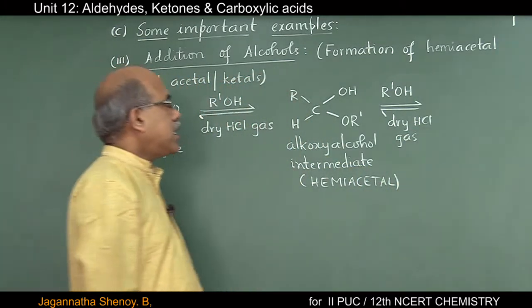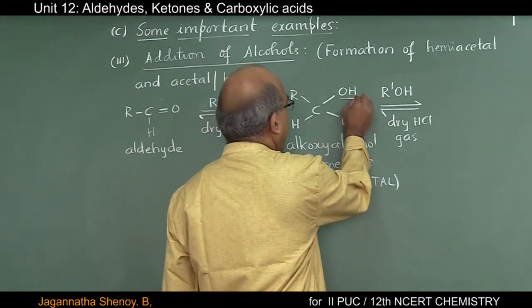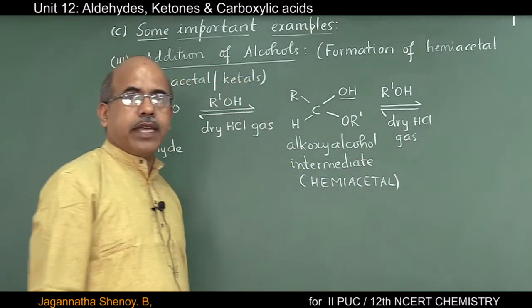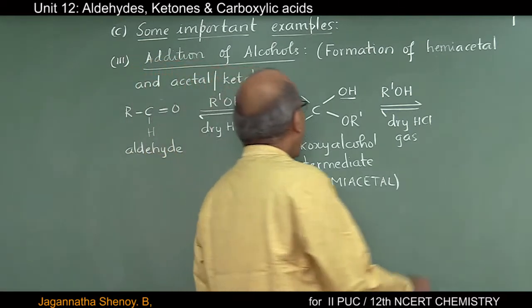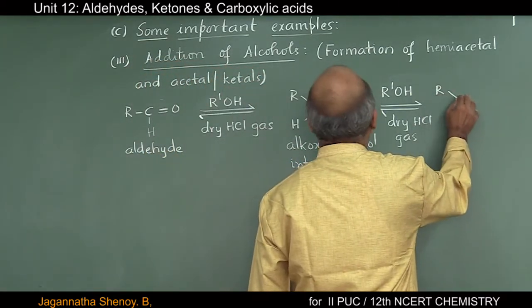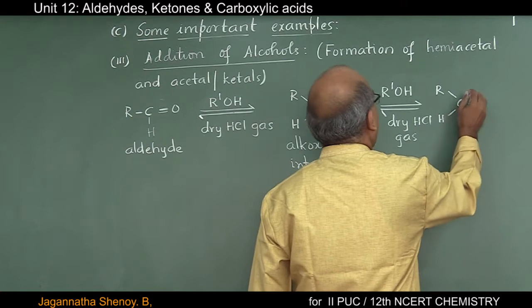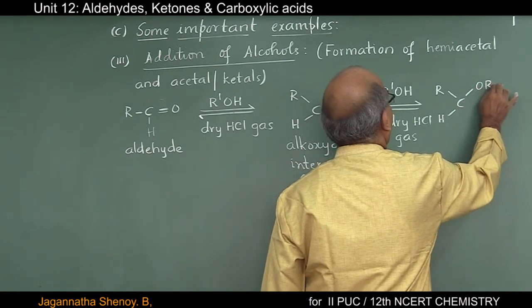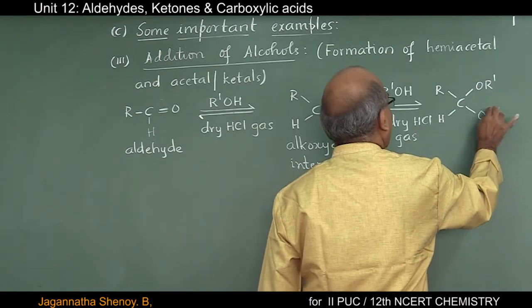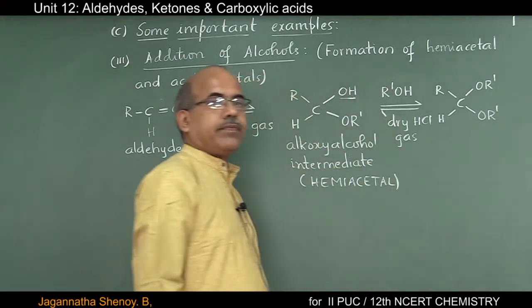Now what happens is, even this OH group will be replaced by an alkoxy group, OR dash. So we get RCH, and here we will have OR dash and OR dash.